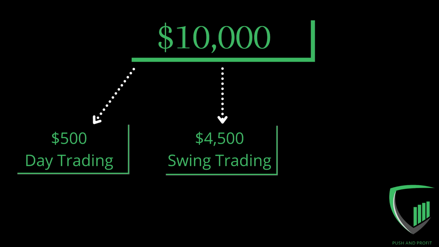Next, 45%, which would be equivalent to $4,500 for this example, would be used for swing trading. Now, swing trading, I've mentioned it in a few other videos, but just to break it down, it's really when you enter a position and you hold it for more than a day. So these are trades that you hold for maybe 2 days, maybe a few days, maybe a few weeks, and maybe even a month or so, right? Now, this is still not as passive as investing, but it's not as active as day trading, right?